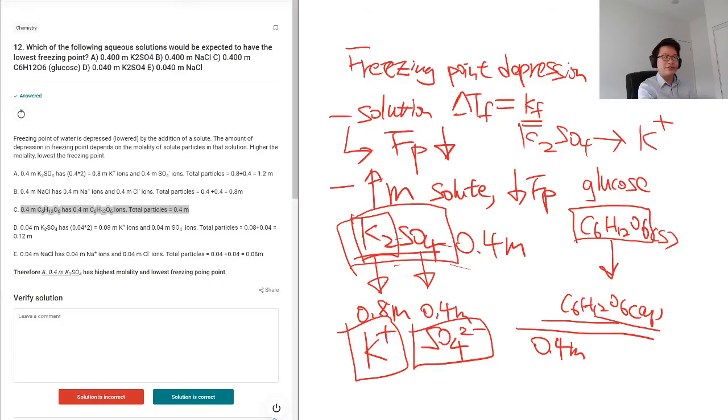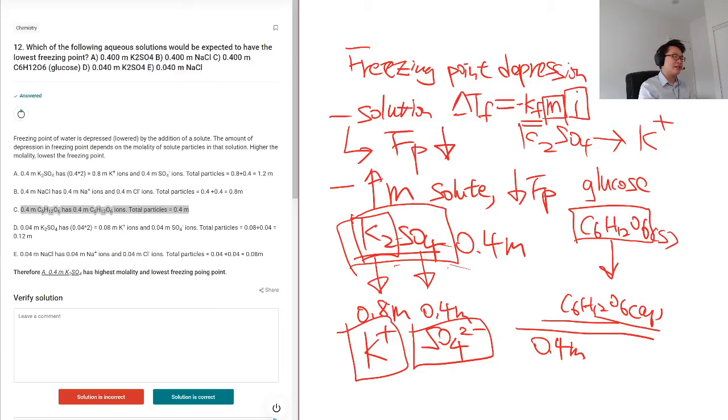It depends on the solvent. Then we multiply by the molality of our total particles. Sometimes you will see an i there. This is called the van 't Hoff factor, to account for any dissociation in the molecule.